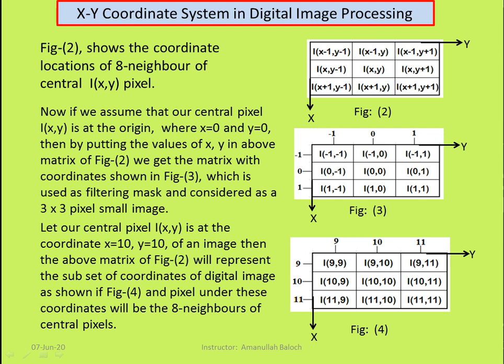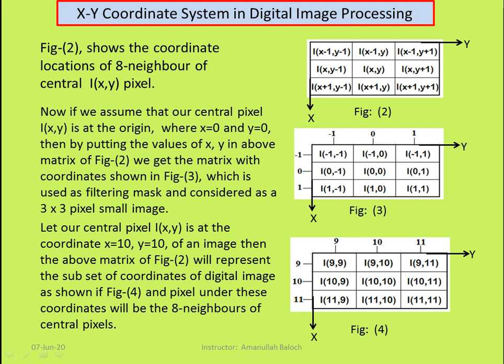It will look like this, and here the bottom pixel, or the up and down pixel of the central pixel, will become, by adding the value of x, 0 plus 1, 1, and y, 0, 1, 0. So the down pixel coordinate of the central pixel will become 1, 0, and similarly at the right side the pixel coordinate will become 0, minus 1.